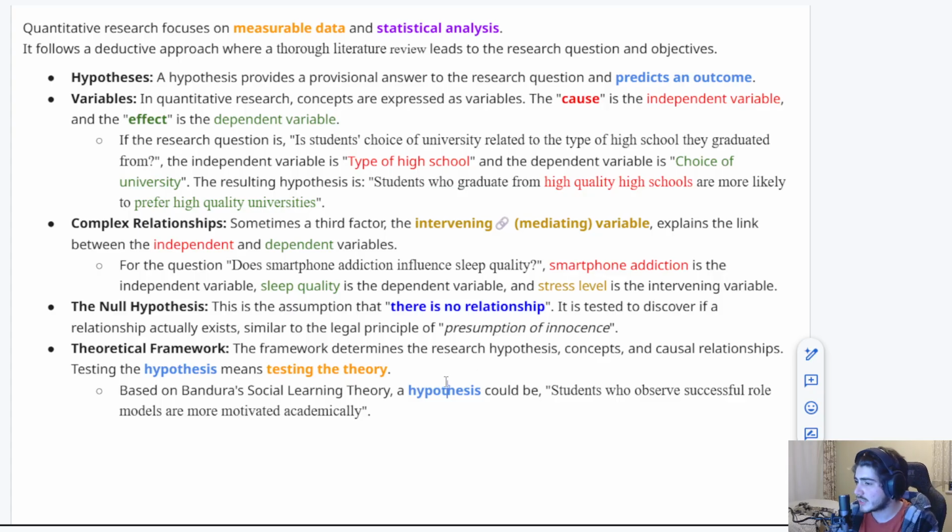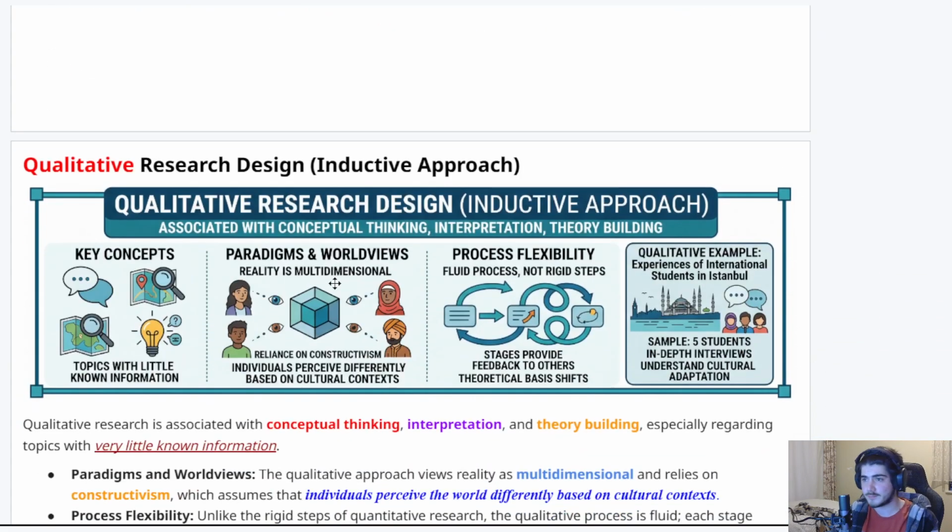Now, when you conduct a hypothesis like students who observe successful role models are more motivated academically, you're actually challenging the theory of Bandura because you're basically saying if this guy's theory is true, then my hypothesis should also come out to be true. Does it make sense? Yes.